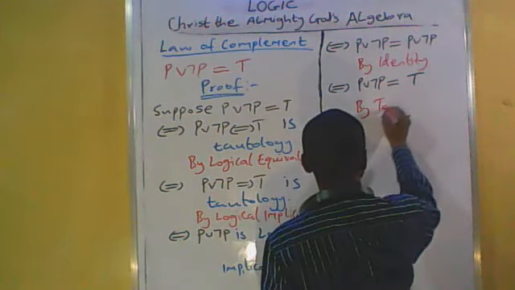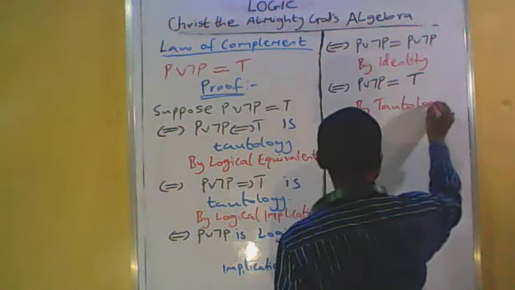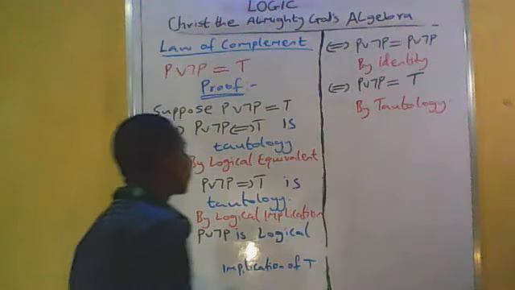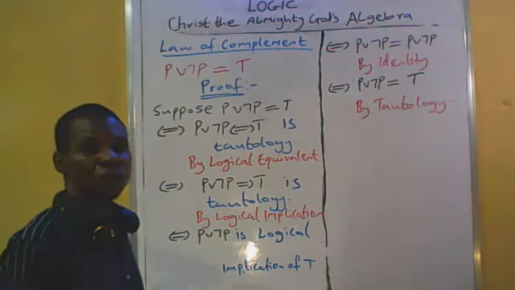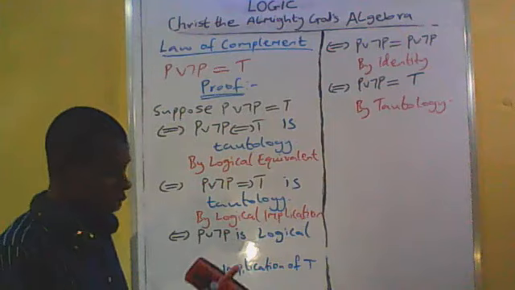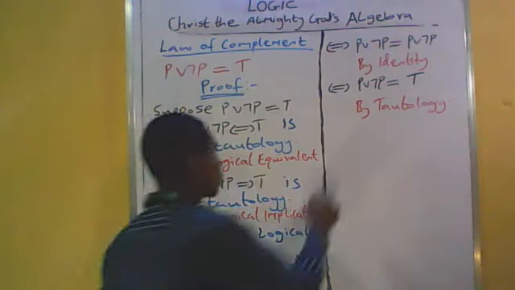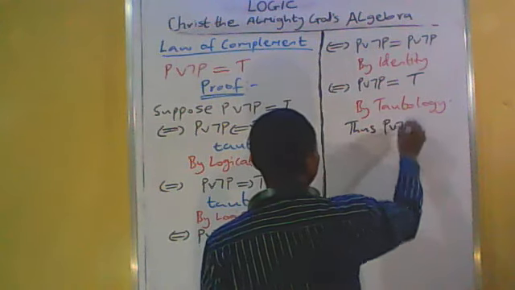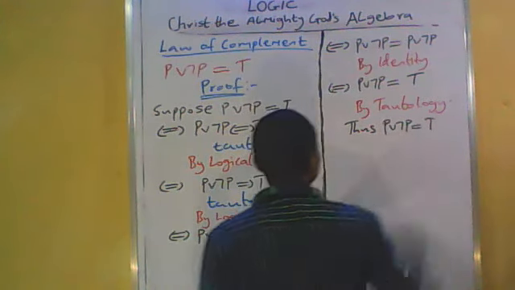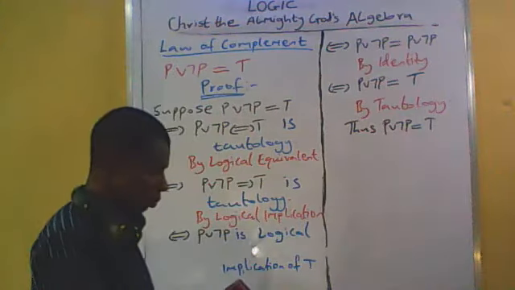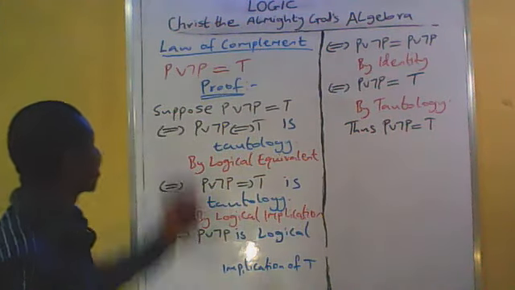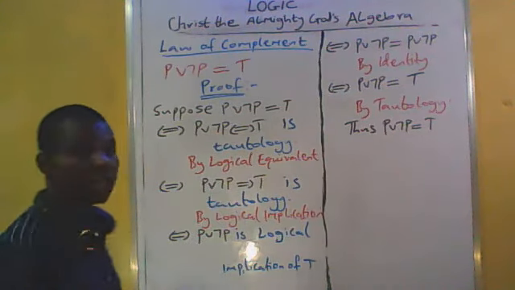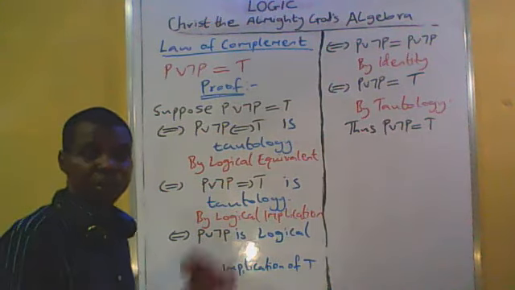By tautology. You have seen that I have now proved that P or not P is equal to T. So then conclude. Say thus P or not P is equal to T. Since the equation P or not P equal to T is logical equivalent, that means it is law.